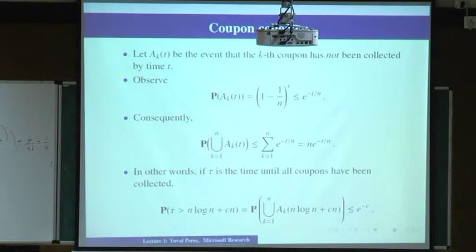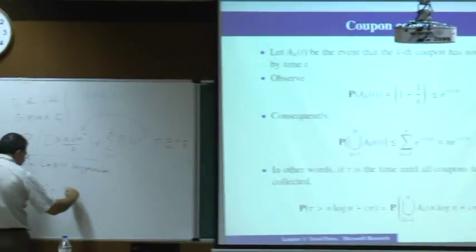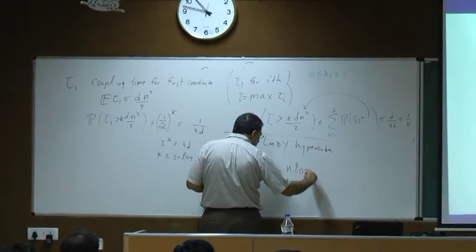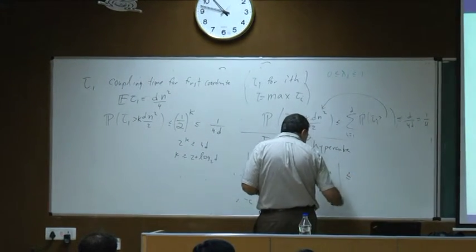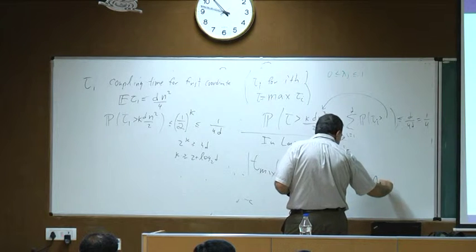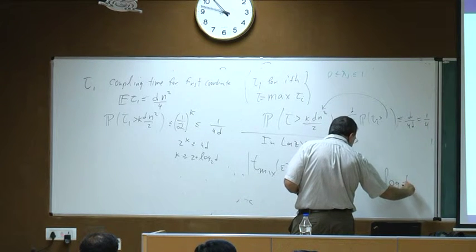Let me write down the formula. In the lazy walk on the hypercube, what turns out is the mixing time, t_mix of epsilon, is very close to n log n over 2. So if I take this and subtract n log n over 2, this difference is less than some constant times n times the log 1 over epsilon.